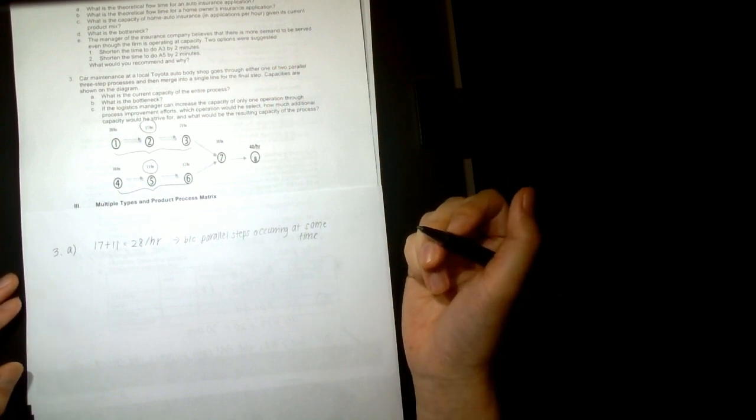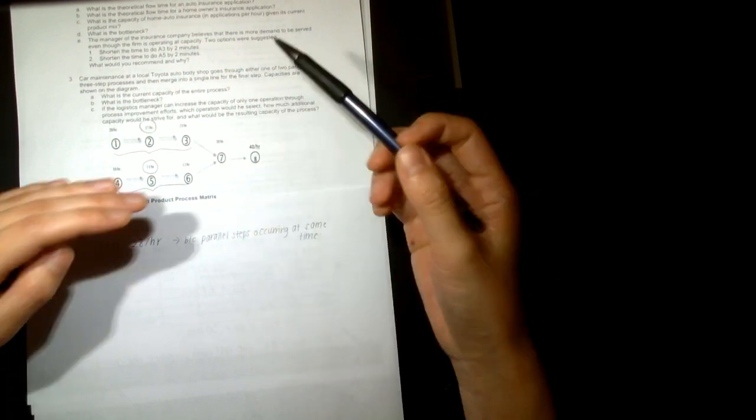If they weren't parallel, like if it was just 1, 2, 3, 7, 8, then you would just take the smallest, and that would be the capacity of the entire process. Sorry, which one's 22?